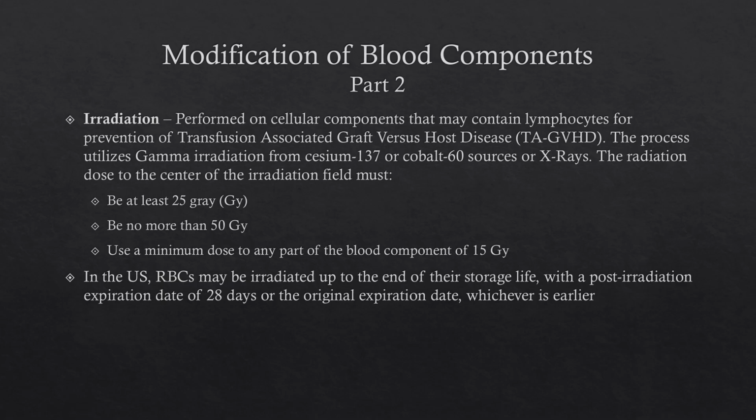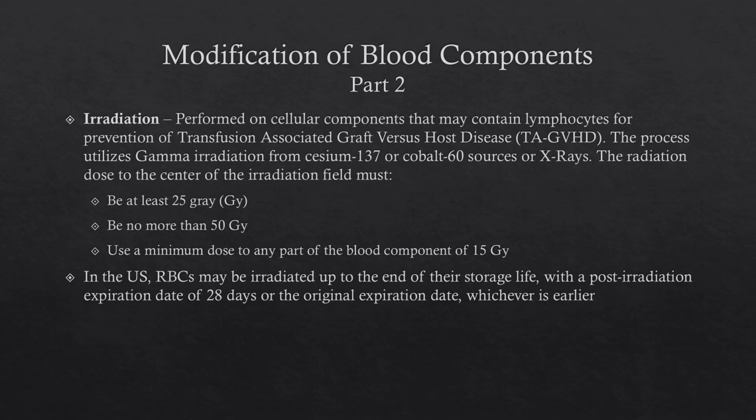A lot of times you do this for things like HLA matched platelets, platelet cross matches. If you have a directed donation where there's a relation between the donor and the recipient, that's when you want to irradiate the blood component. In fact, it's a requirement for HLA and platelet cross matched platelets.